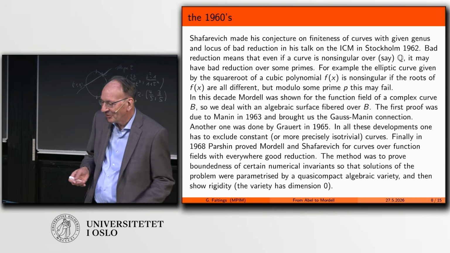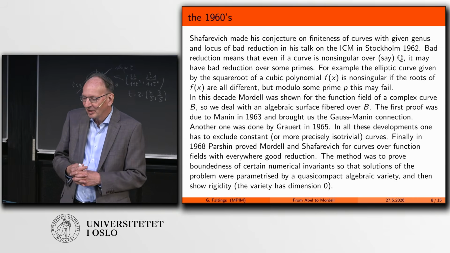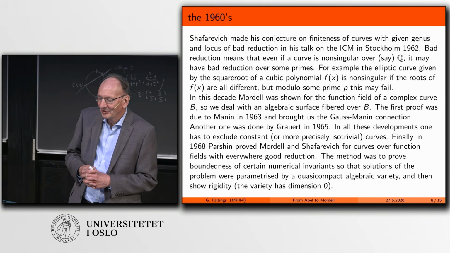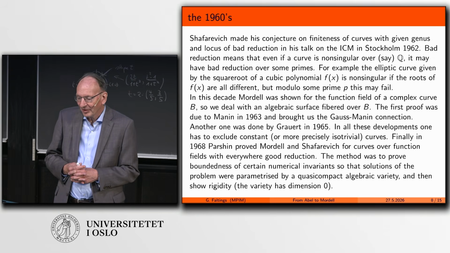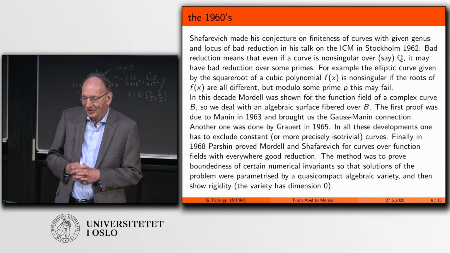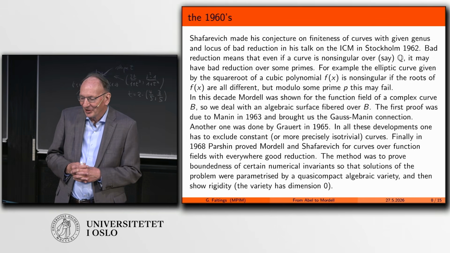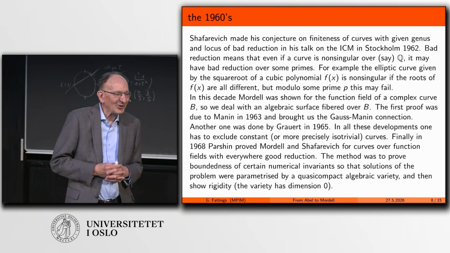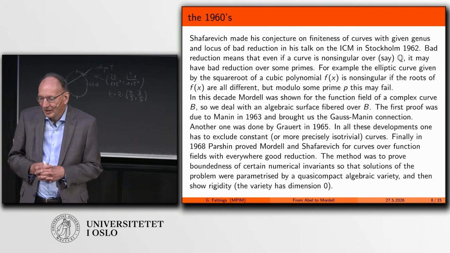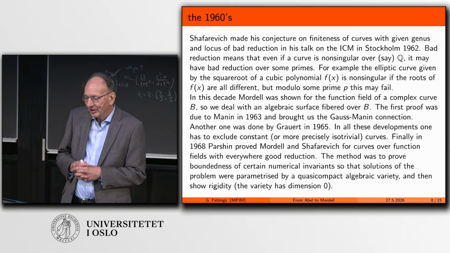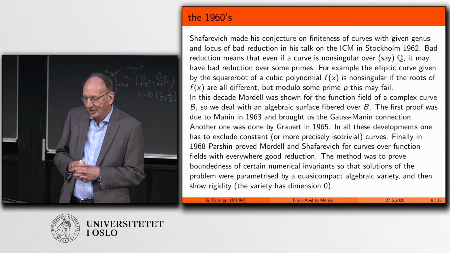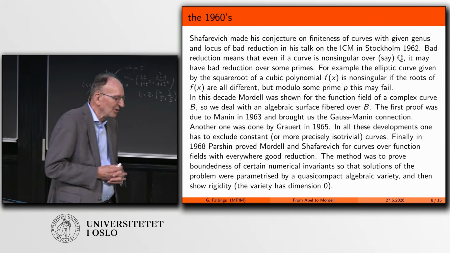Okay, now we go ahead in time, to the 1960s, which was an important time. There was Igor Shafarevich, who gave a talk at the ICM in Stockholm in 1962. Igor Shafarevich is a Russian mathematician, and he also occurs in Solzhenitsyn's work. He said something about curves with bad reduction. Bad reduction means the following.